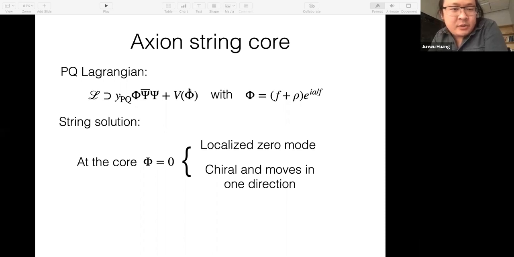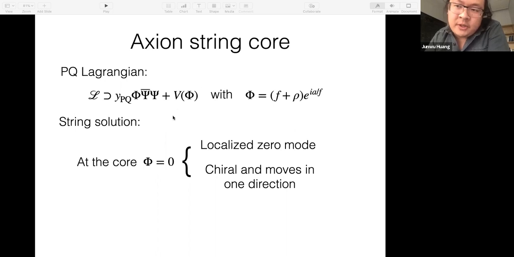For that, I will need to introduce a little bit more about axion strings. Here is something well known, the PQ Lagrangian, where I have a complex scalar field coupled to some PQ quarks, which are charged under electromagnetism, which gives rise to this a F F-tilde coupling.